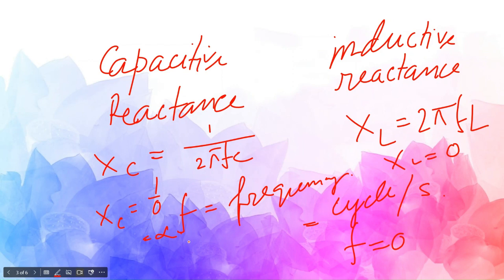It means in case of a DC circuit, there is no inductance or capacitance effect, and only resistance will be there. This is DC.